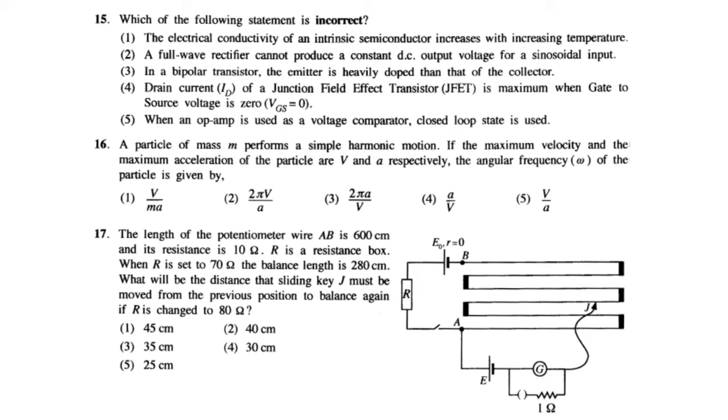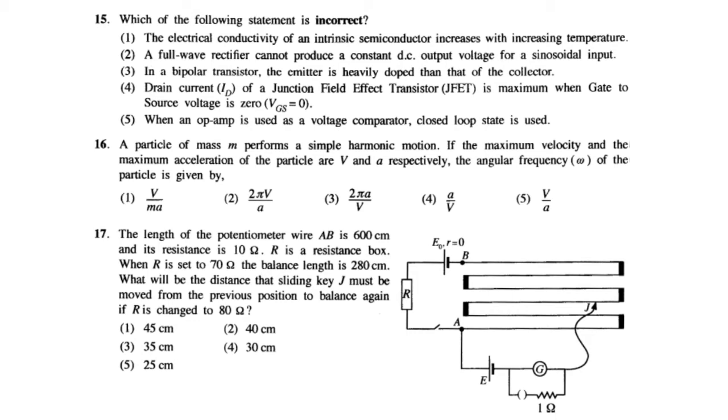Question number 16. A particle of mass m performs a simple harmonic motion. Maximum velocity is capital V and maximum acceleration is simple A. They are asking for an expression for angular frequency omega. Maximum velocity is given by amplitude times angular velocity, that is V equal capital A omega, capital A for amplitude, omega angular velocity.